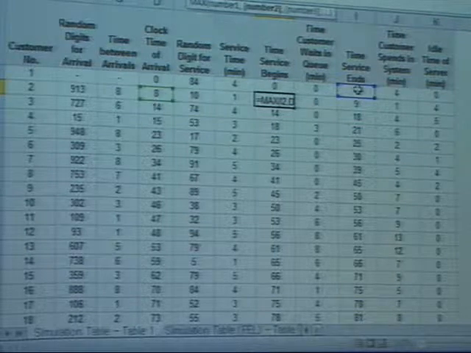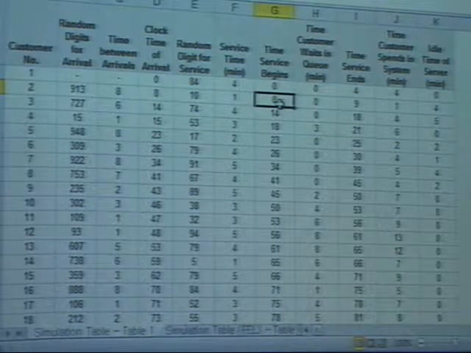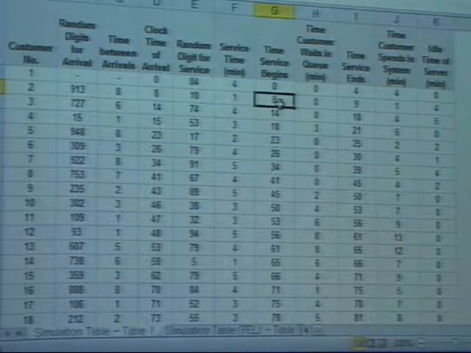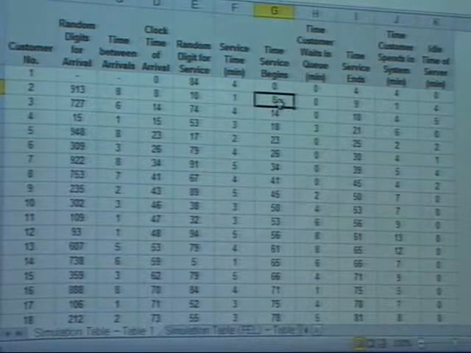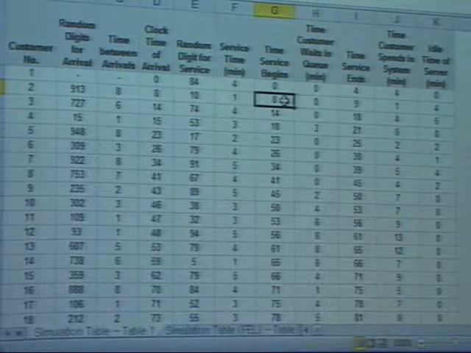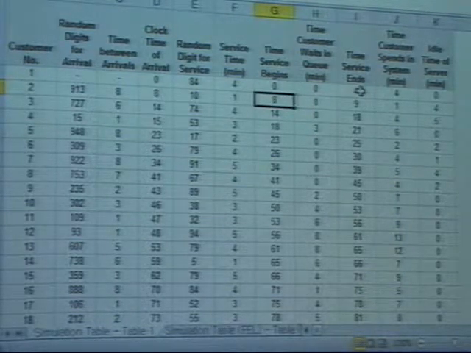Okay? So it starts at 8, right? Any question here? And the service starts at 8, right? But service ends at 4.